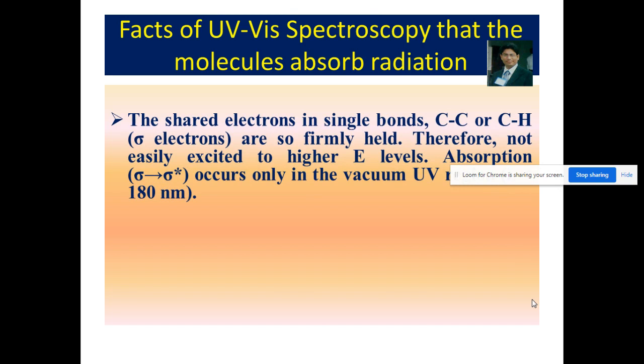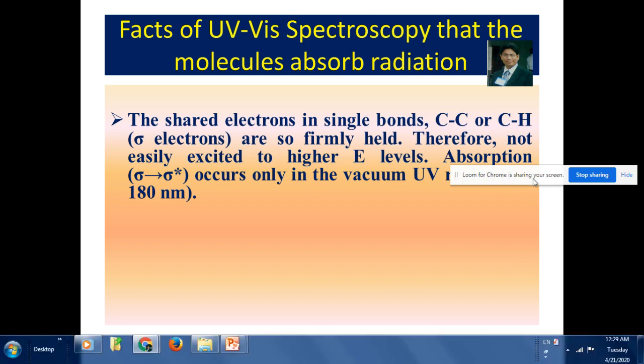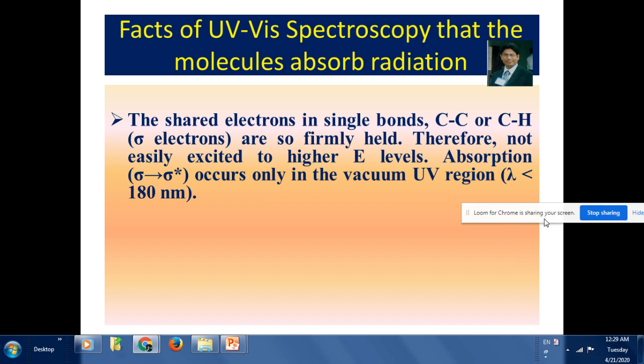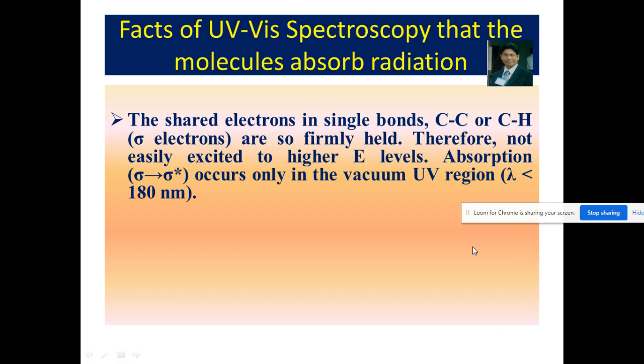The shared electrons in single bonds, carbon-carbon, carbon-hydrogen, that is sigma bonds, are so firmly held, therefore not easily excited to a higher energy level. Absorption of sigma to sigma star occurs only in the vacuum UV region, lambda less than 180 nanometer.